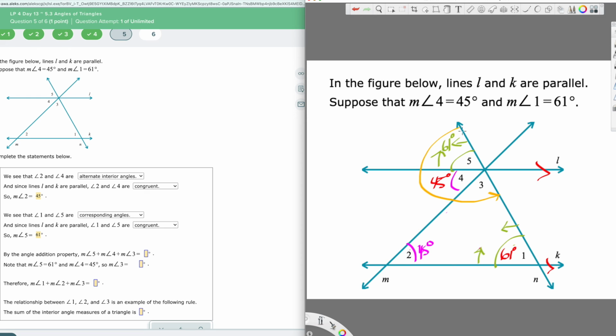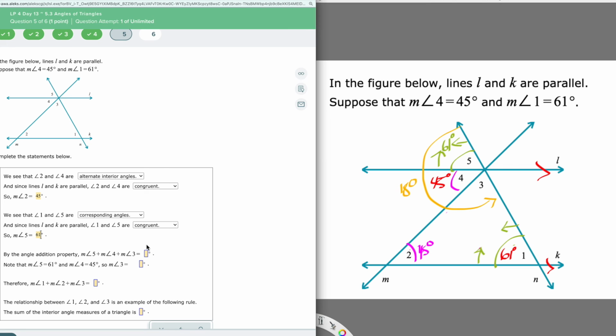They're asking us to pay attention that they're on a straight line together, and they completely fill in the entire angles there. So remember, a straight line adds up to 180 degrees. That's what they want us to acknowledge. Then they're asking us, since we know that angle 5 is 61 and angle 4 is 45, what is angle 3? So they want us to go through and solve this.